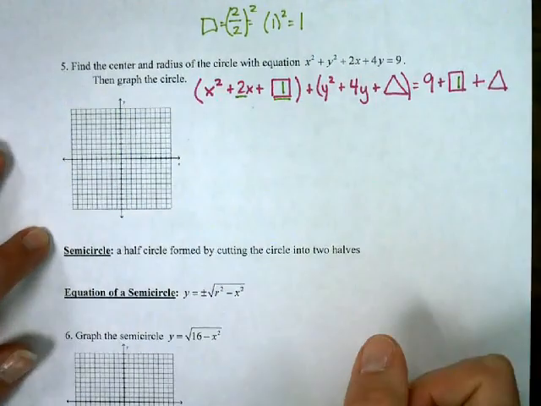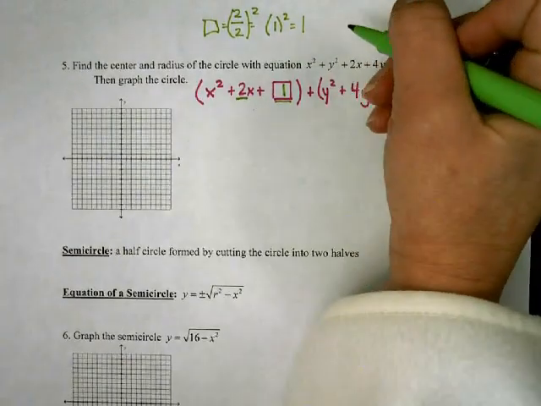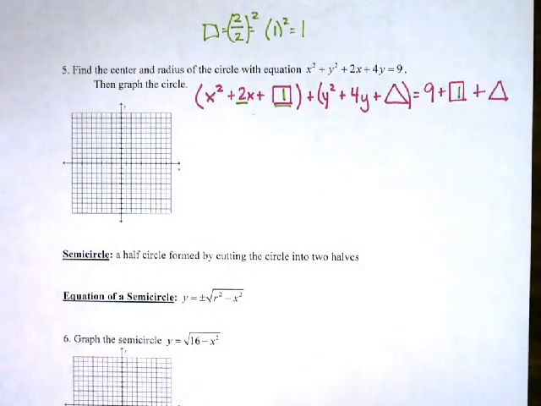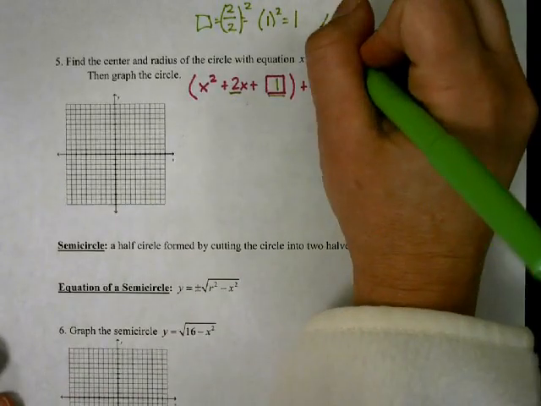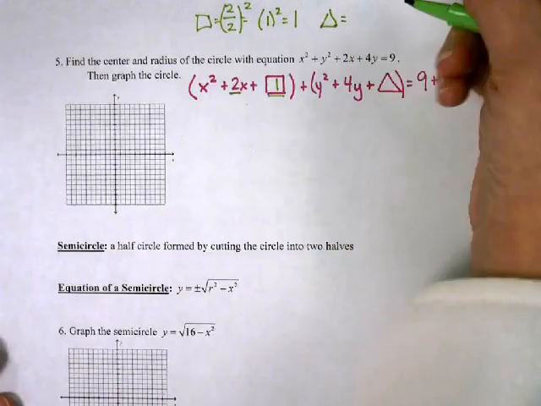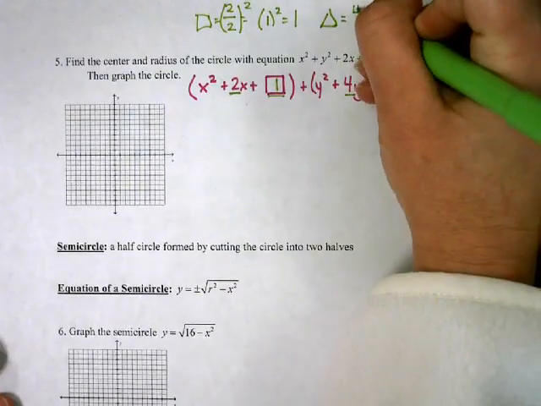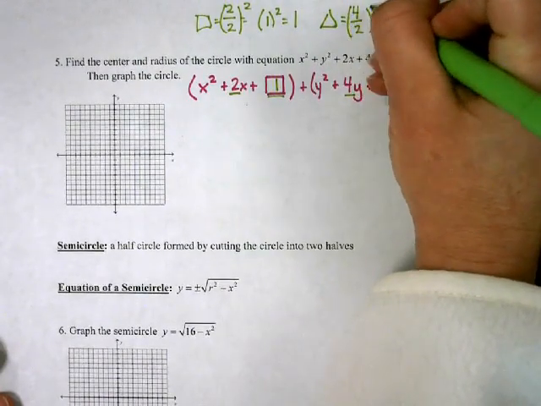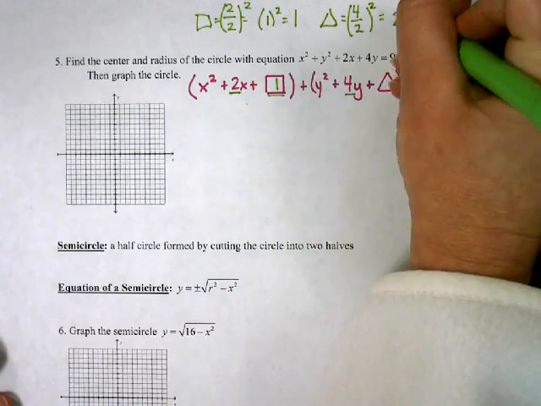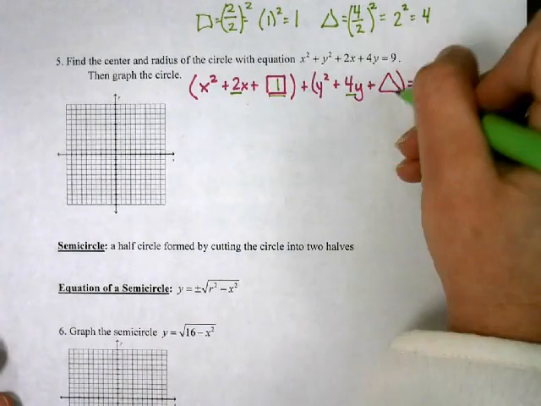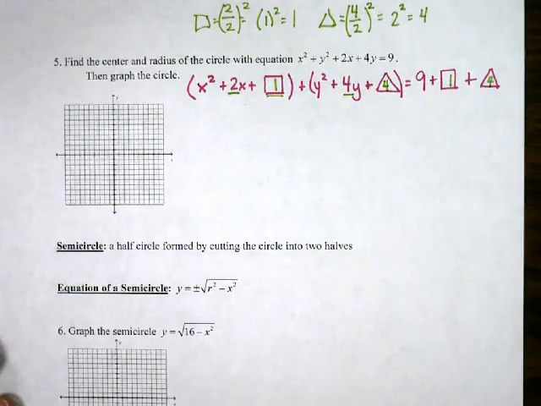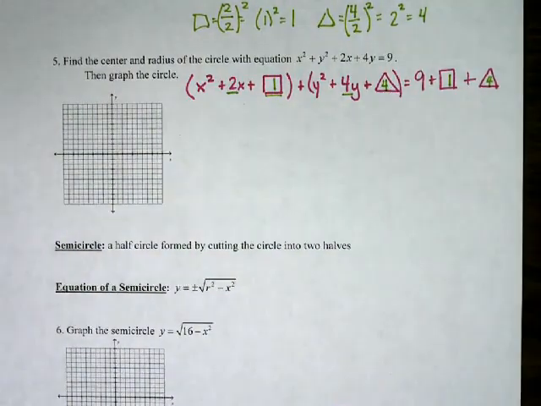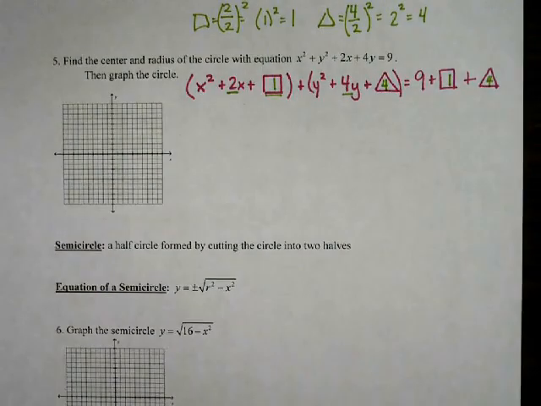In order to figure out the triangle, same thing, but now I'm going to use the 4 divided by 2 squared. So 2 squared, which is 4. So my triangles are 4, and my boxes are 1. Okay, so that's why we use 2 different shapes, because they could be 2 different numbers. Sometimes they're the same, sometimes they're different.